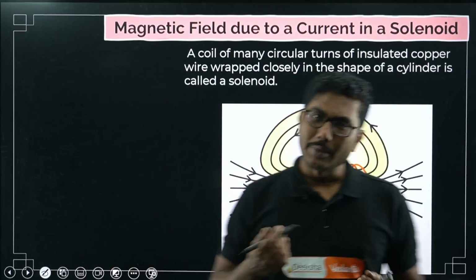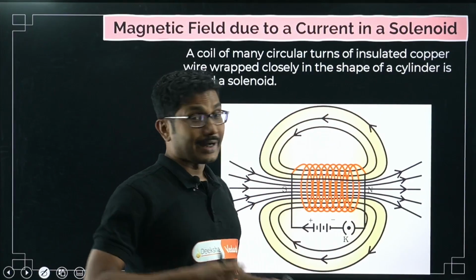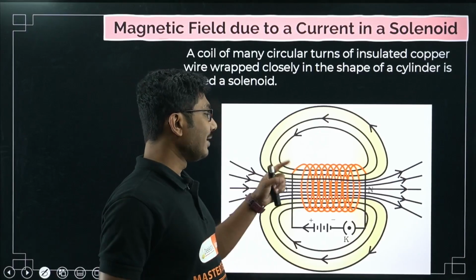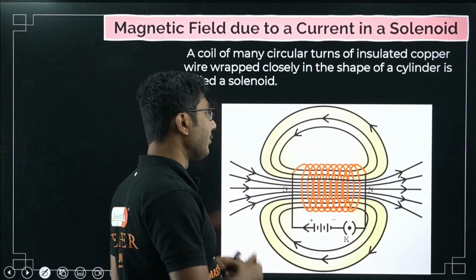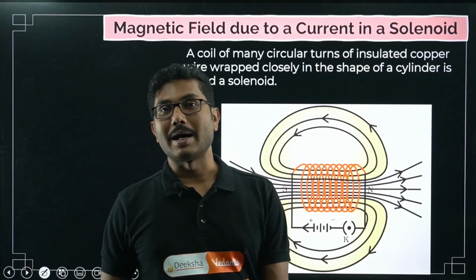Solenoid preparation is pretty easy, and when you connect it to a battery, the current will flow in that circuit and it will produce a magnetic field, and it will behave as if it is a bar magnet.